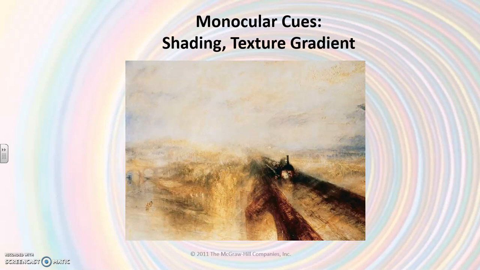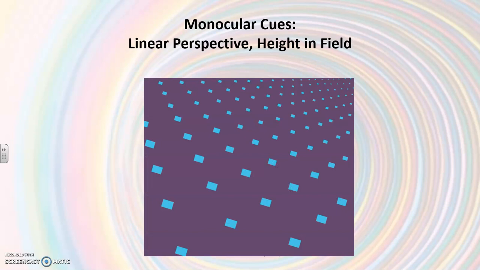So here's just a picture from the book that shows some shading and texture gradient and some linear cues. This is a better example of linear perspective and height in field. It almost looks like it's moving if you stare at it long enough.